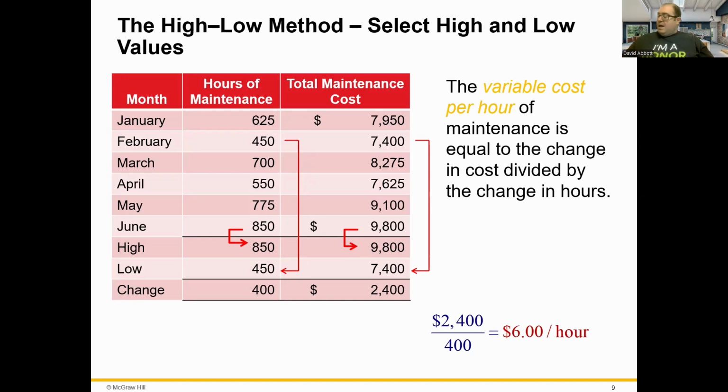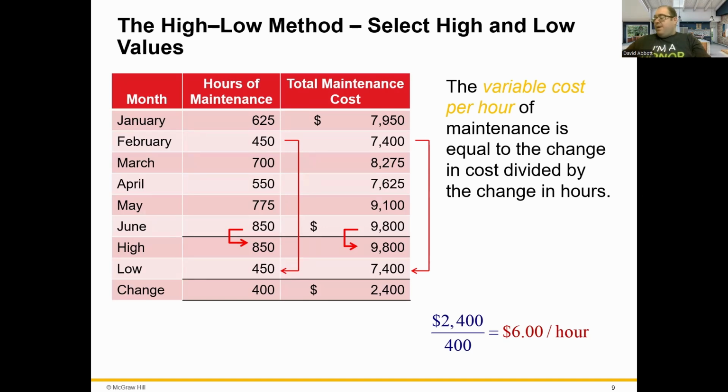So we can use the high-low method. So the high-low method then is used in order to analyze mixed cost if a scatter graph plot reveals a linear relationship between the X and Y variables. And so we'll look at our data that we looked at previously.